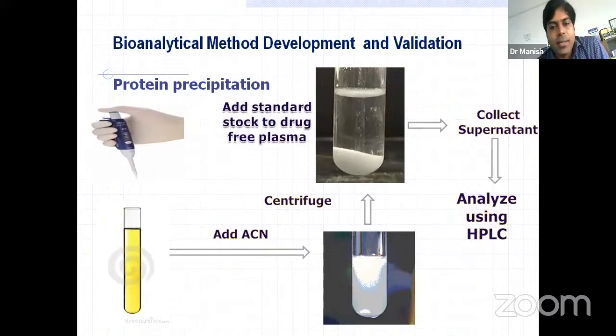We collect the supernatant liquid, and this liquid is filtered to avoid any particulate matter, and then it is injected into the HPLC system. So these are the 3 methods of sample preparation: LLE method, SPE method, and protein precipitation.